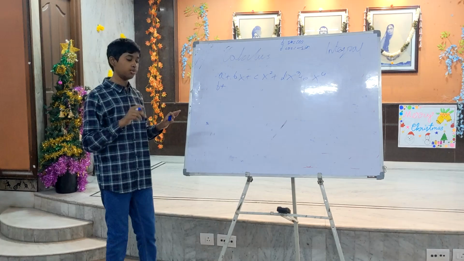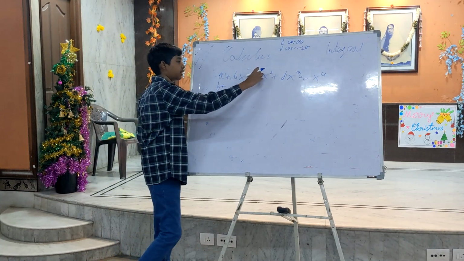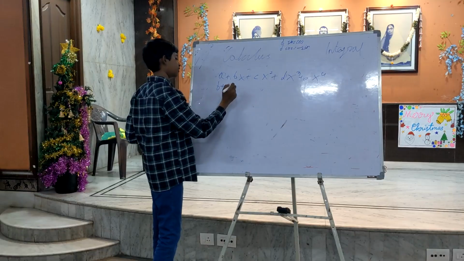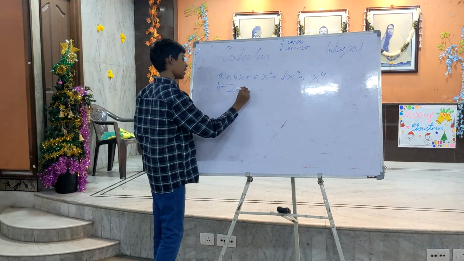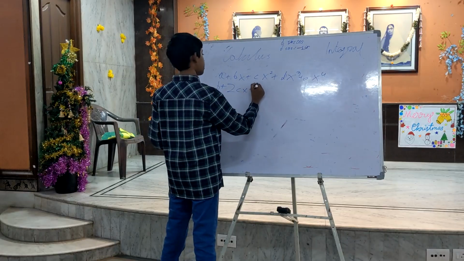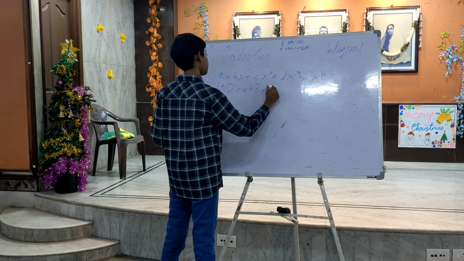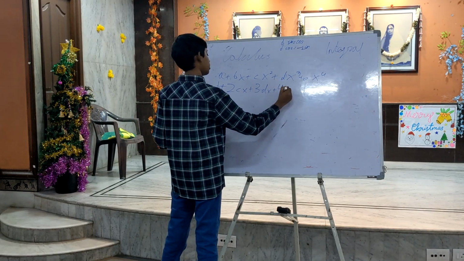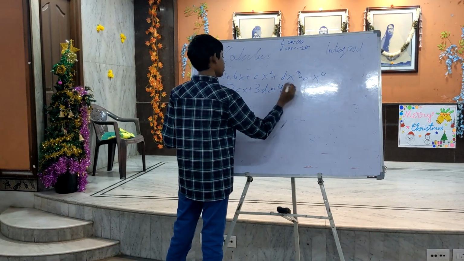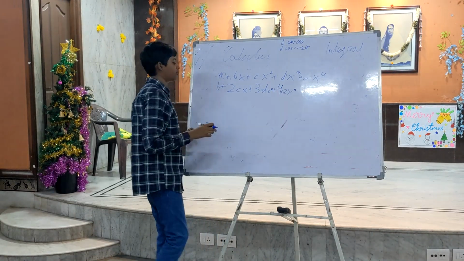That's the power rule. So for cx squared, 2 comes in front and we get 2cx. For dx cubed, 3 comes in front, and for ex to the fourth, 4 comes in front, with x raised to the respective reduced powers. So 3dx squared and 4ex cubed.